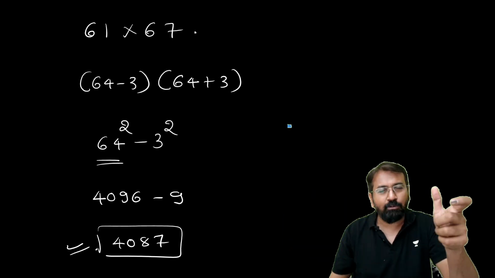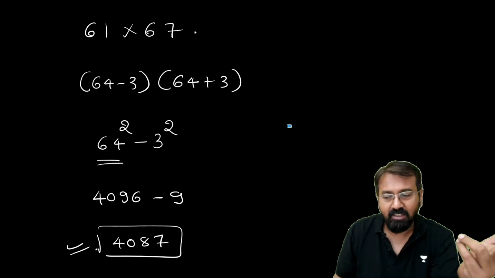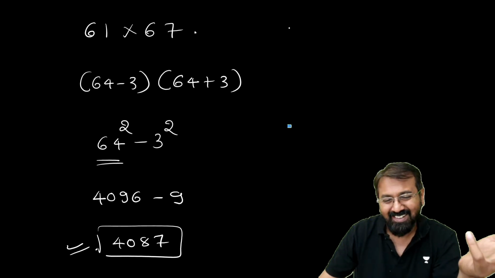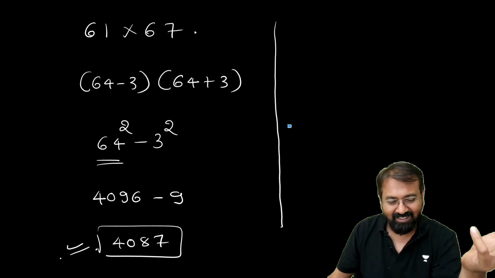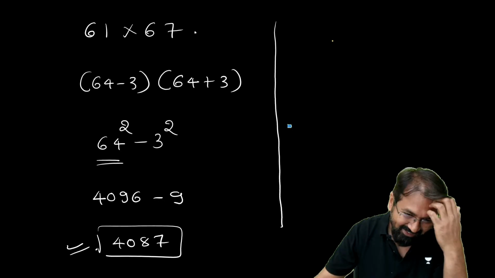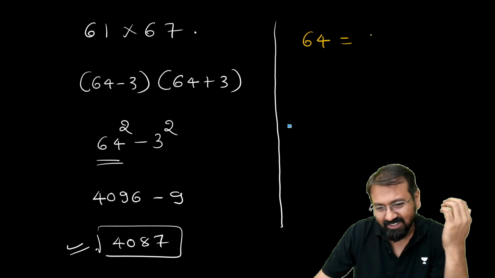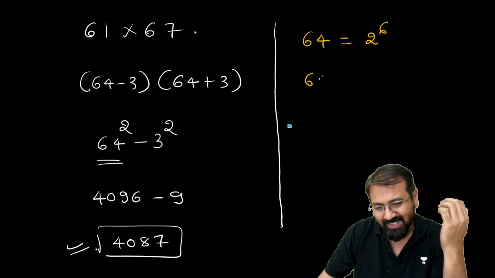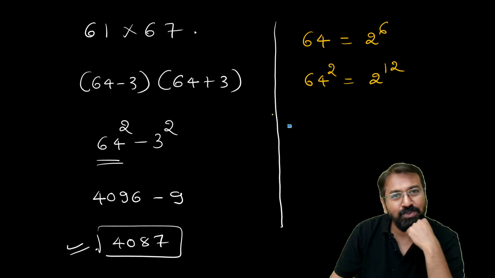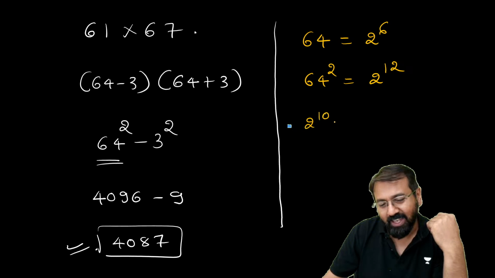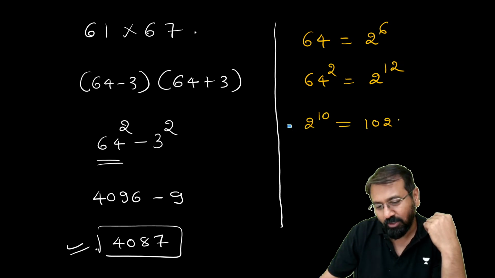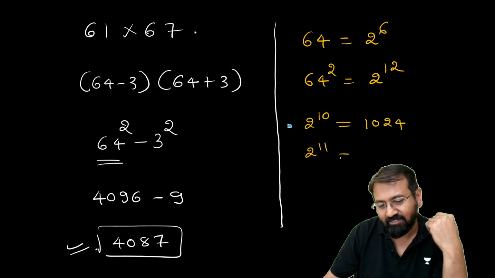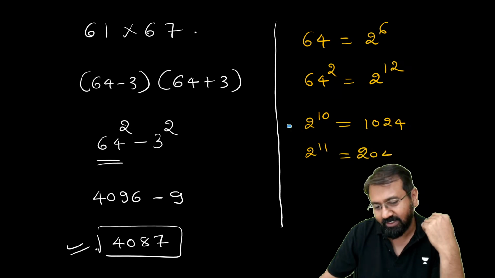Now how did I calculate 64 square so quickly, guys? Please understand one thing. What is 64? Can I say 64 is 2 raised to 6? So 64 square is 2 raised to 12. We know 2 raised to 10 is 1024. So what will be 2 raised to 11? 2048.